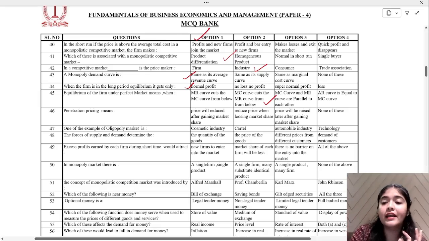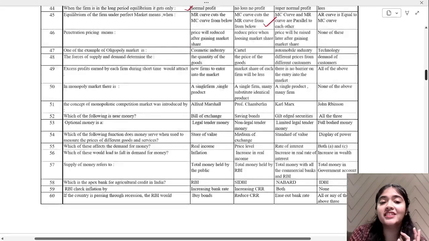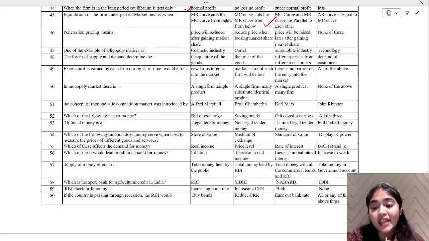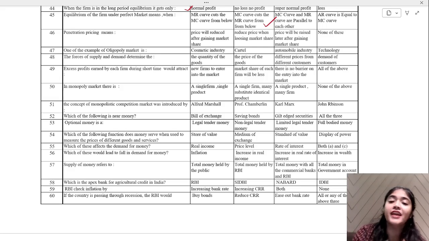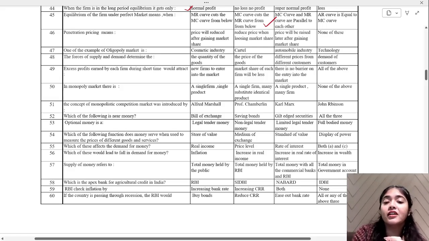Okay. Penetration pricing means what? Price will be reduced after gaining the market, reduced price when losing market share, price will be raised later after gaining market share, or none of these. Yes, what do we think? Sorry, price will be raised after gaining market share.